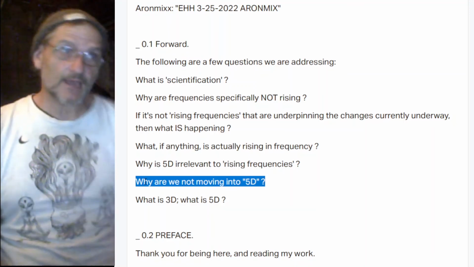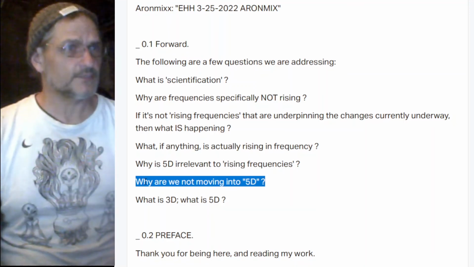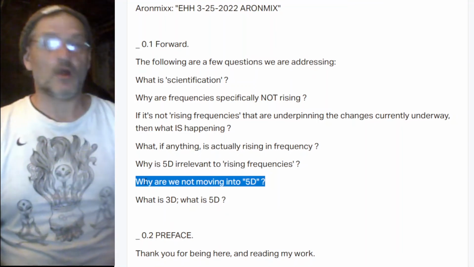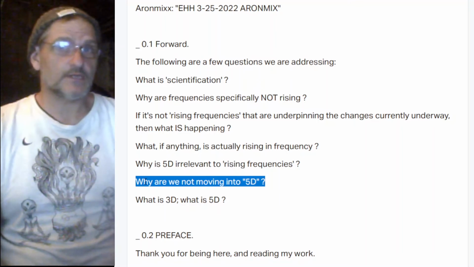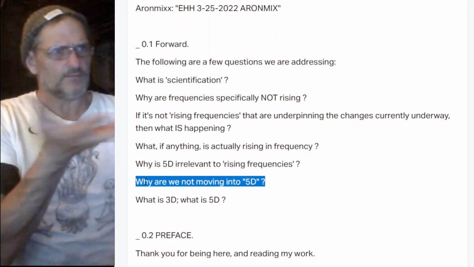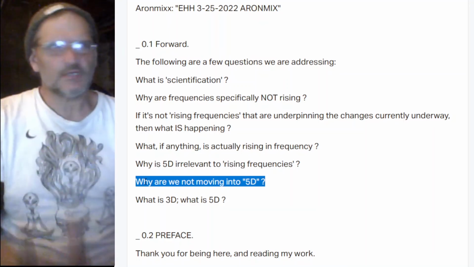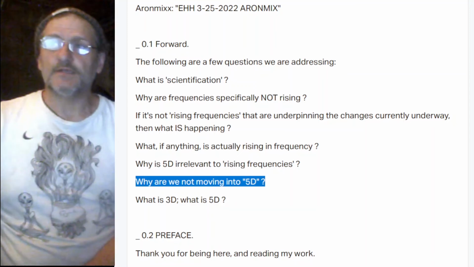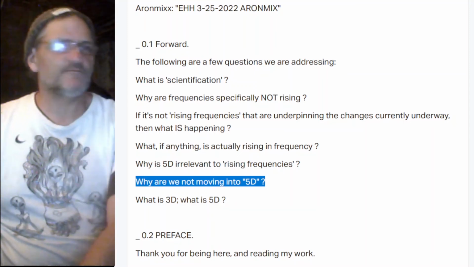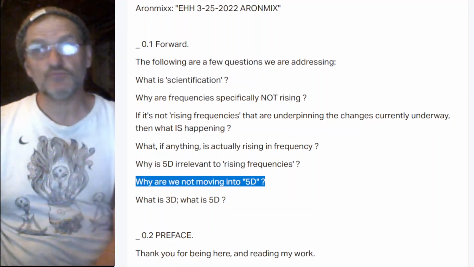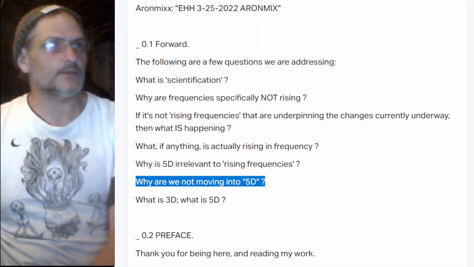And if you can talk people into getting a vision in their head, and if you're on your game, if you're on point, then what you say will resonate with them, and you'll move them. You shake it loose. And that's how it happens. So that's why we're not moving into 5D, because some of us are already here. We're waiting for you to make it happen, right?